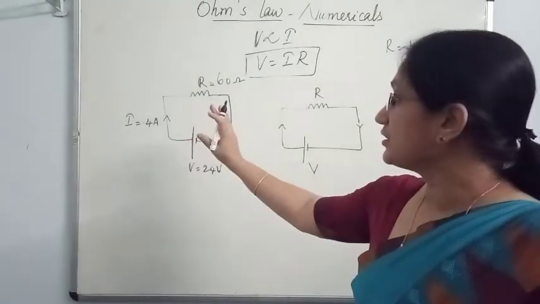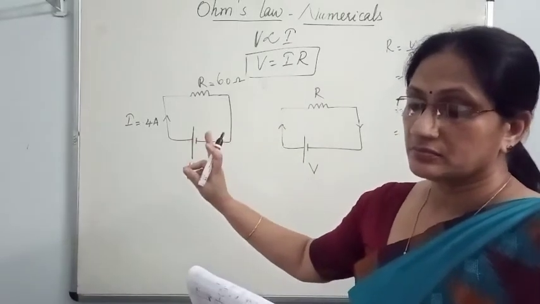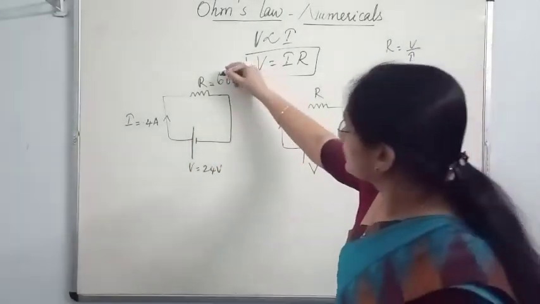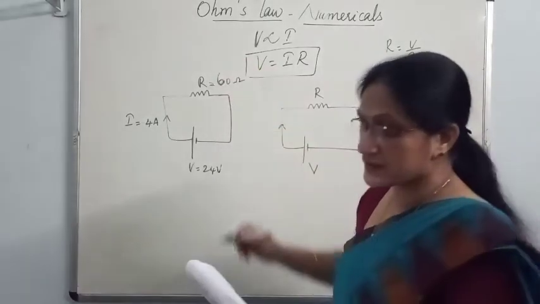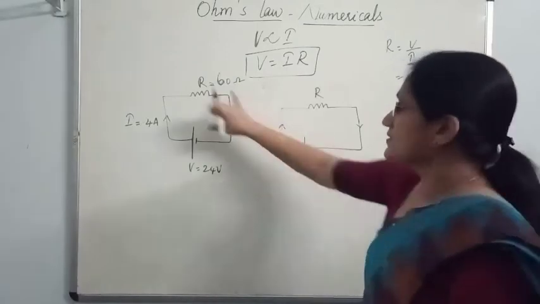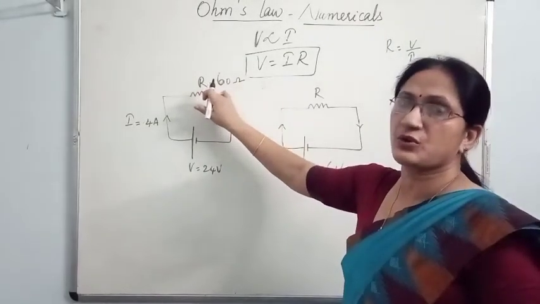Now the question continues. The same resistor is connected across another battery of 6 volt. The same resistor, that is 60 ohm.